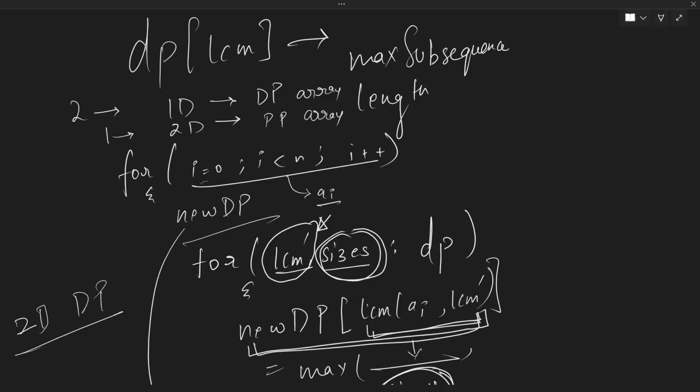Any other doubts? Upper bound for LCM's count, what would it be? First of all, I'm not counting LCM counts. I'm counting having the size. And what is the size? N. Maximum size will be N, not more than that.